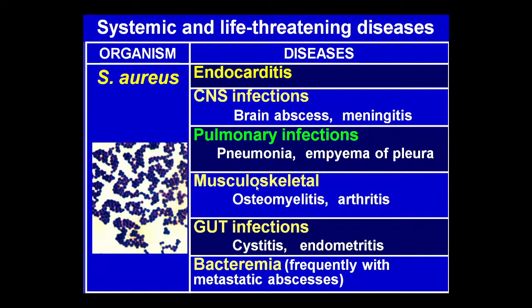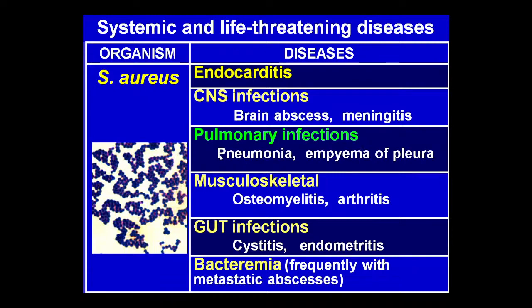Then we have a third group of diseases that is systemic and life-threatening. Cerebral, CNS infection of the central nervous system, and that's usually a result of bacteremia, because bacteria can be spread inside the macrophages through the BBB.